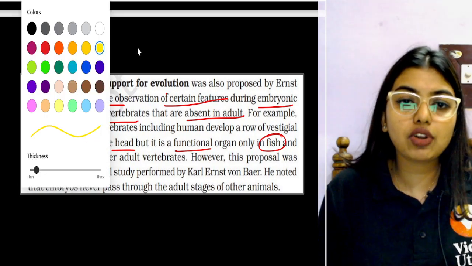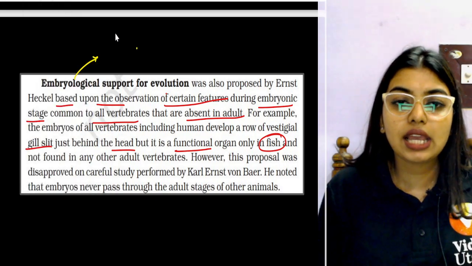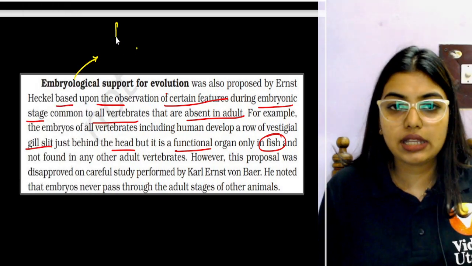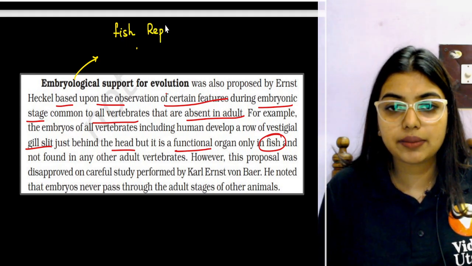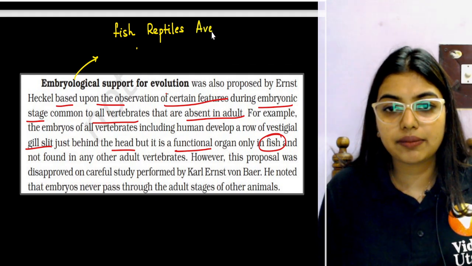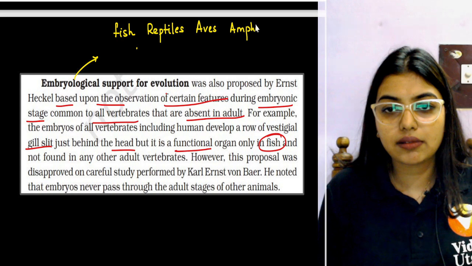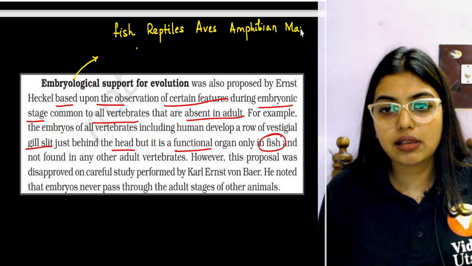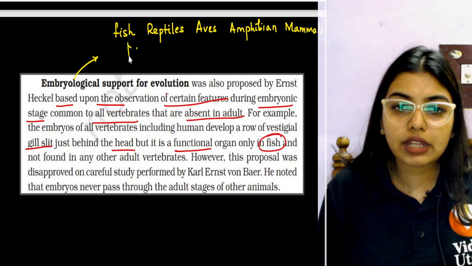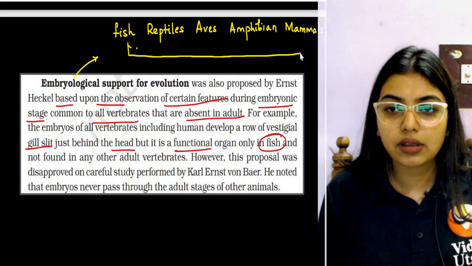So here, embryological support means we all organisms, let's say starting from the fish, reptiles, aves, amphibians, sorry I did not write in order, mammals. They are telling all the organisms had what?